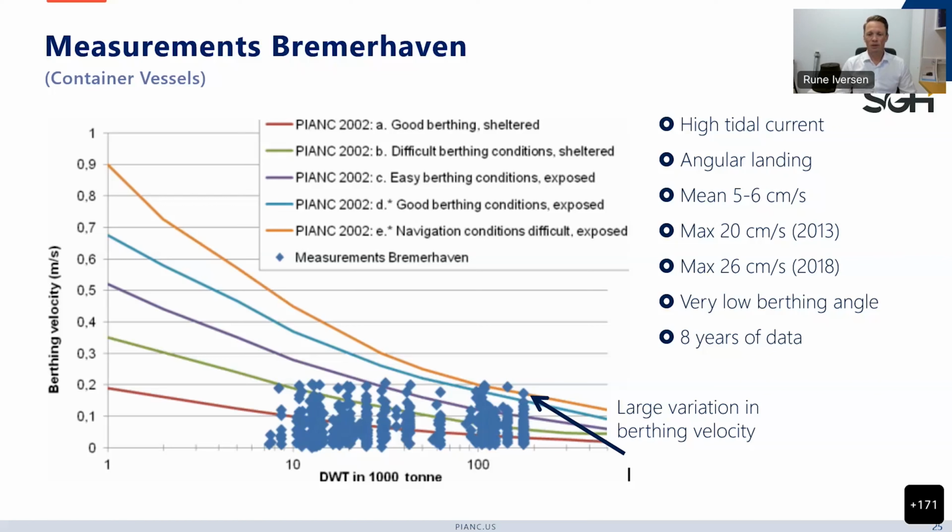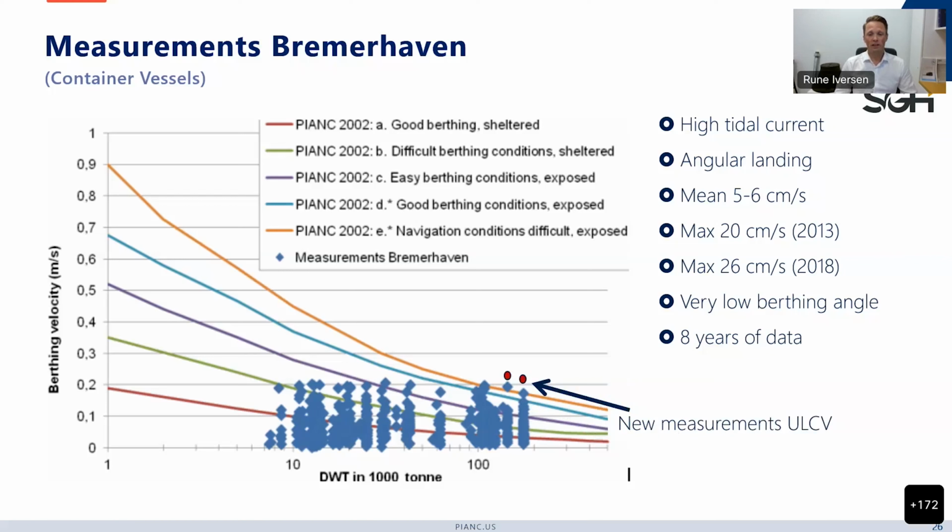But in 2018, there were actually a couple of measurements of about 26 centimeters per second. So if you translate this to conditions here in the United States, you're looking at 0.8 feet per second berthing velocity for vessels coming in here.